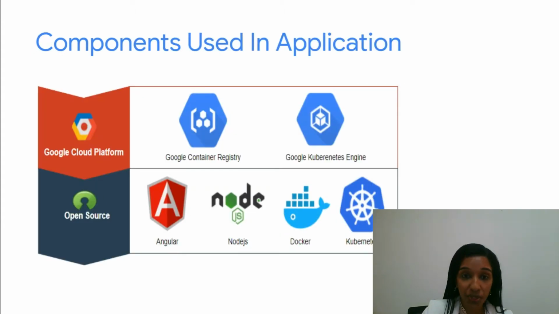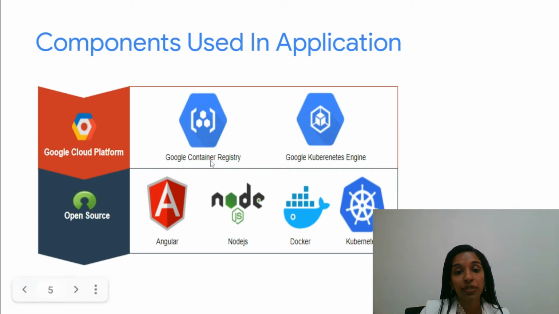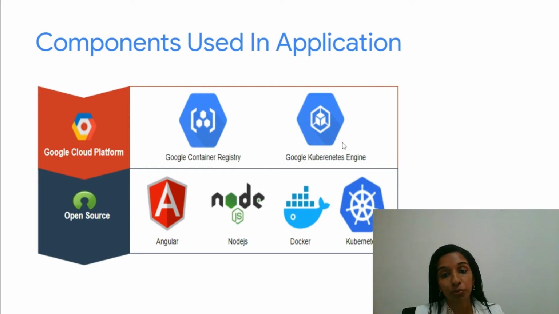So the components used in this application from the Google Cloud Platform, I have made use of Google Container Registry, which is highly available and reliable to store the container images. And Google Kubernetes Engine allows us to create clusters in a single click, which can be scaled up to 15,000 nodes.